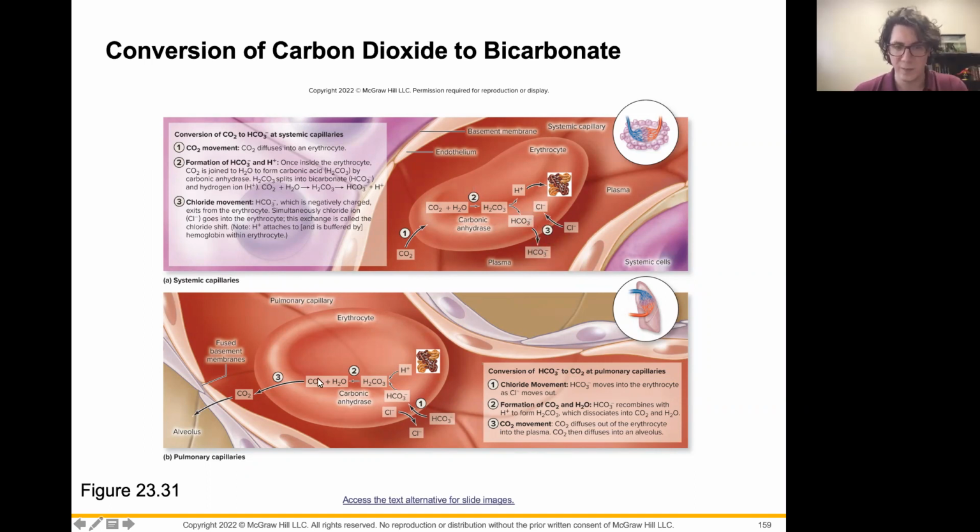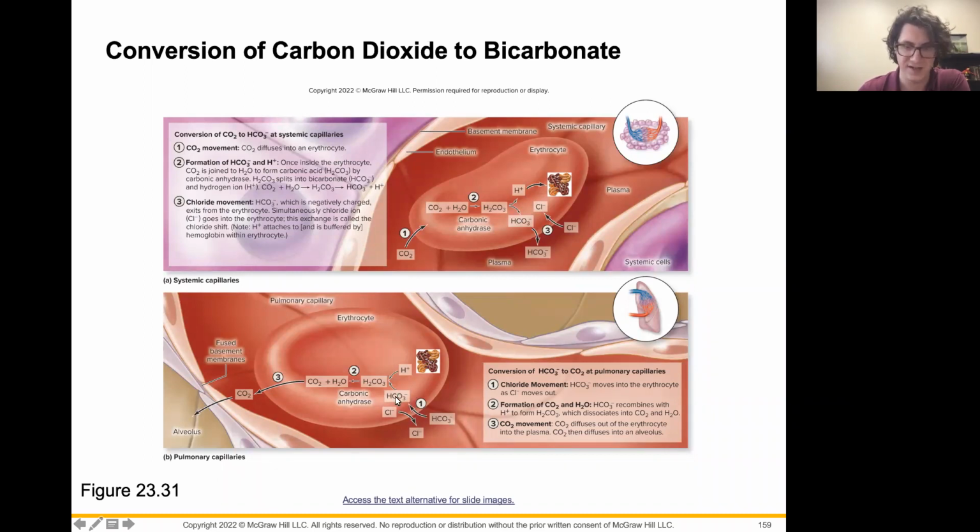Now, once we get back into the pulmonary capillaries, we're basically going to see this process reverse. The first thing that needs to happen is we need to get bicarbonate back into the red blood cells so that we can take that hydrogen ion, slap them back together, turn it back into carbonic acid, which we can then turn back into CO2. So first, chloride moves out and bicarbonate moves back into the erythrocyte.